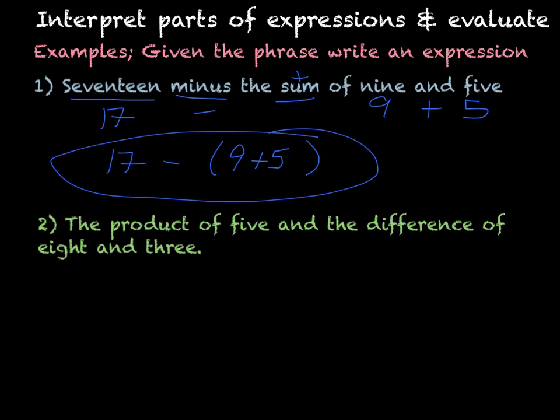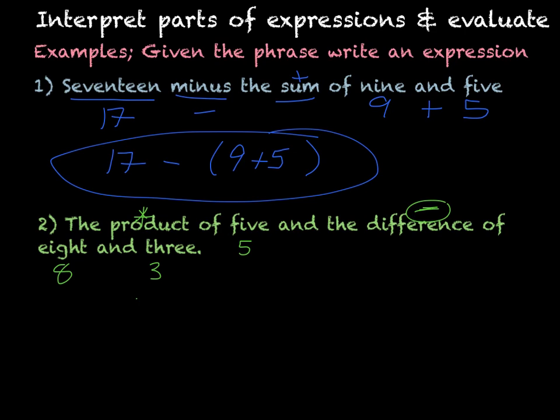Next one, the product of 5 and the difference of 8 and 3. Okay, so product means multiply, and the difference means subtract, of 8 and 3. Okay, so we need to break this down carefully.